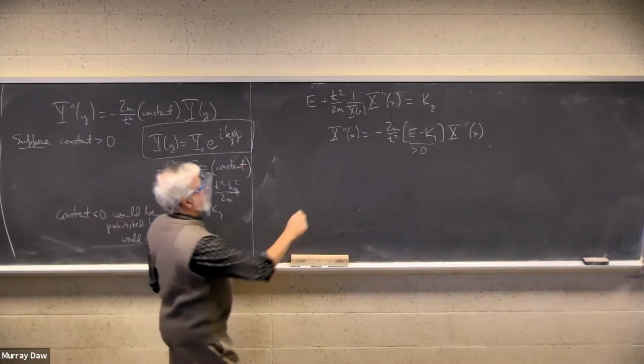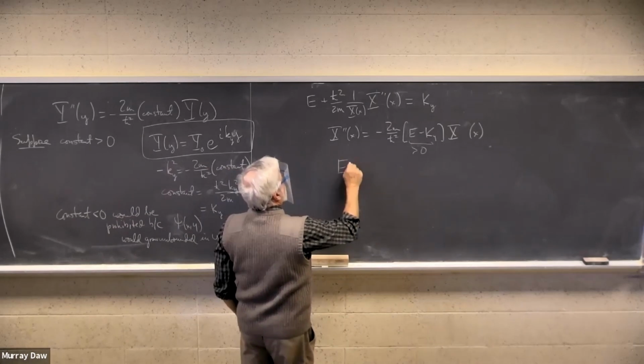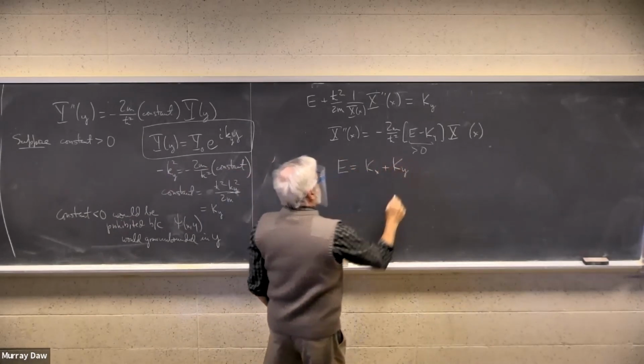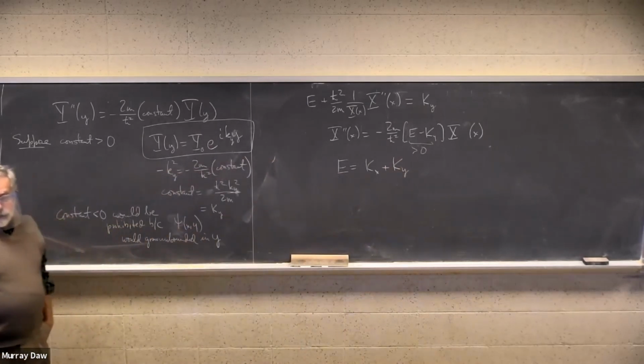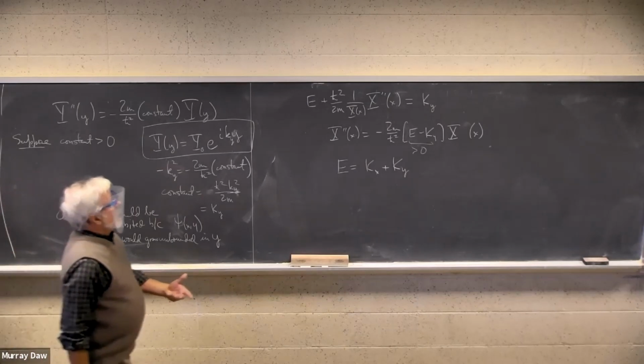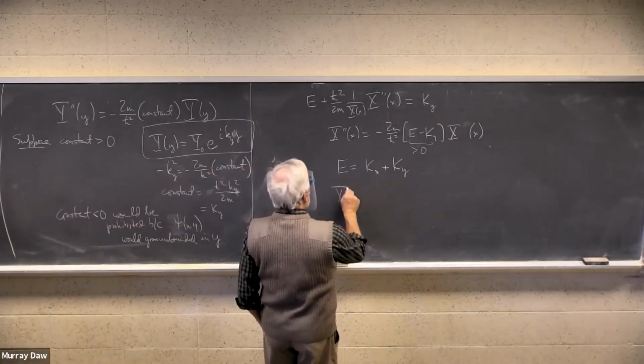So it's actually convenient to define two constants, one for x and one for y. One is like the kinetic energy of x, the other is the kinetic energy of y.